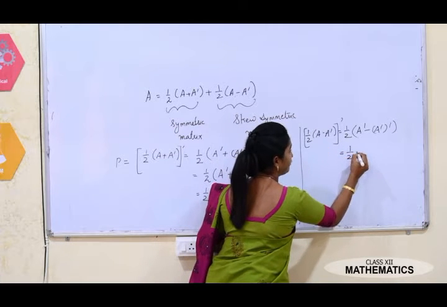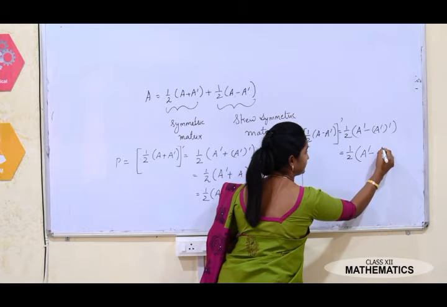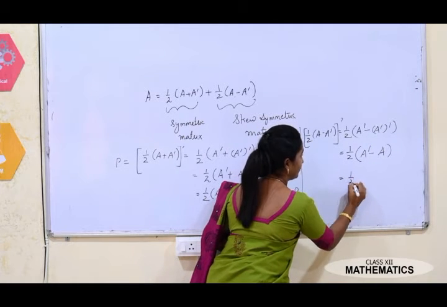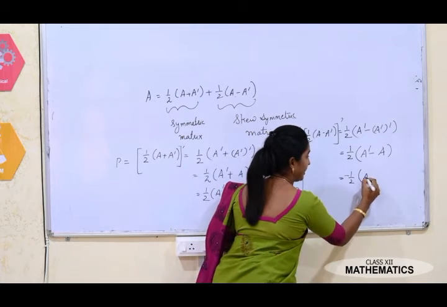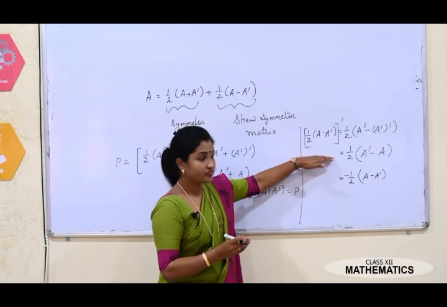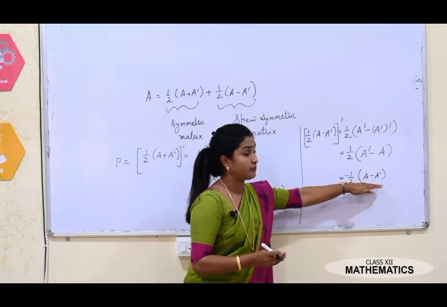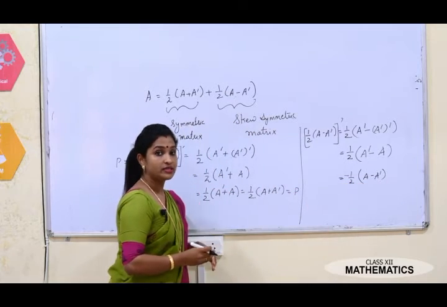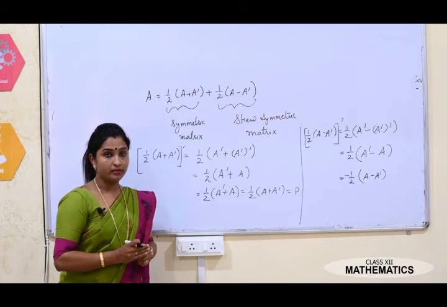So half of A dash minus, again apply the property, A dash the whole dash is your A. If you take a minus sign outside, you'll get A minus A dash, okay? So see here, half of A minus A dash the whole dash is minus half of A minus A dash. That means, what is this? This matrix, half of A minus A dash, is a skew symmetric matrix, okay?